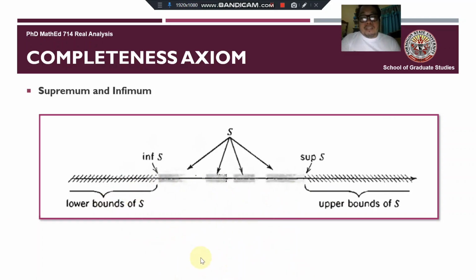That is how we illustrate the upper bounds and the lower bounds of a particular set, which is denoted by S. Here on the illustration, we have already encountered the supremum and the infimum of S. Now, let's have the formal definitions of these two terms.